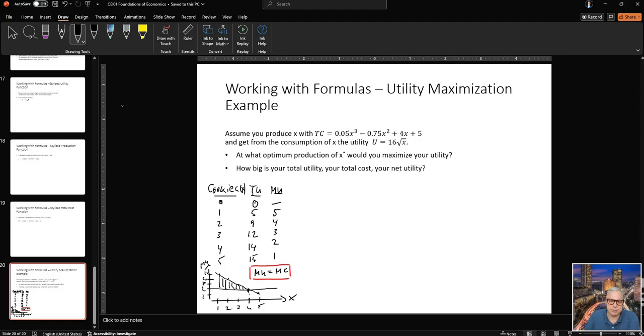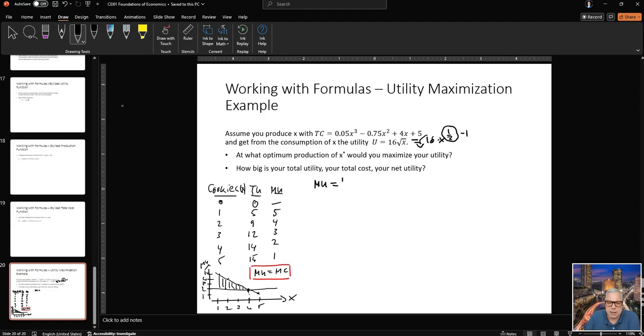Okay, so let's first derive again the marginal utility. And let's just do it again one more time. So this is 16 times x raised to the 1/2. And then again, we took the 1/2, put it in front, and then we subtracted 1.